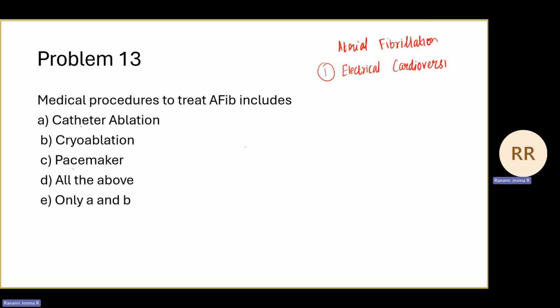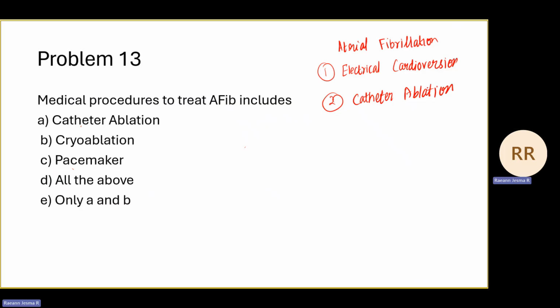Here, they give low energy shocks to the heart. By doing that, they try to restore your normal heart rhythm. In the second one, we have something called catheter ablation. Here, they destroy the tissue that is causing the arrhythmia.